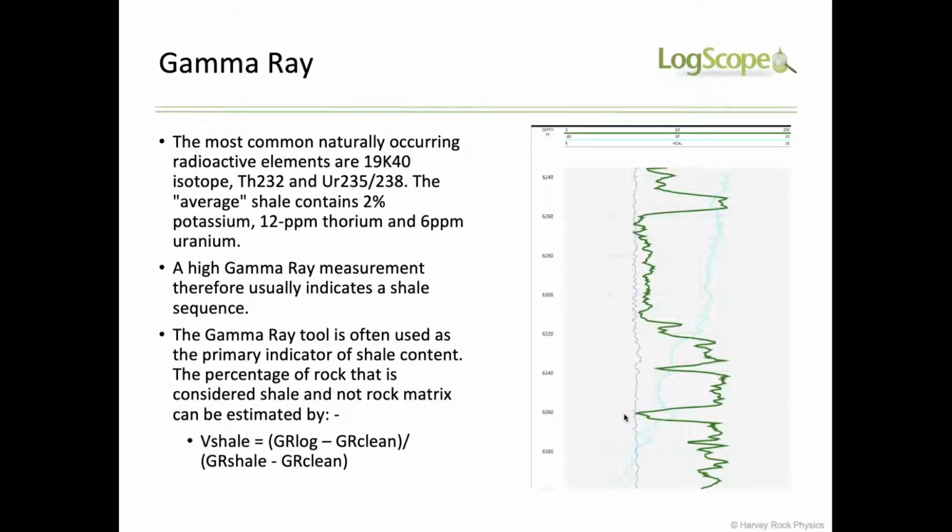And the gamma ray is often taken as the primary indicator of shale content by using the gamma ray log, take gamma ray clean, gamma ray shale, take gamma ray clean. It's just a ratio. But this is a qualitative tool, whereas the density and the neutron can be used as a quantitative tool. And in the next section, once we finish this, we will go through that.